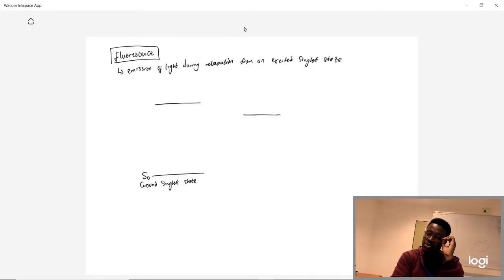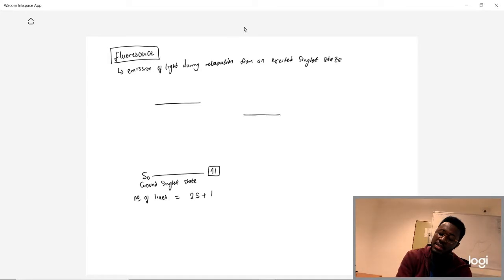To know the number of lines that this is going to have, to know if it's a singlet or duplet or whatever, the number of lines is equal to 2 times the spin plus 1.